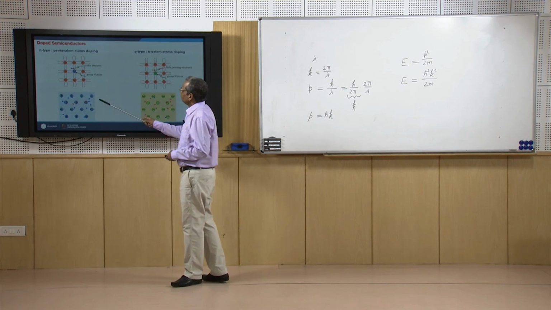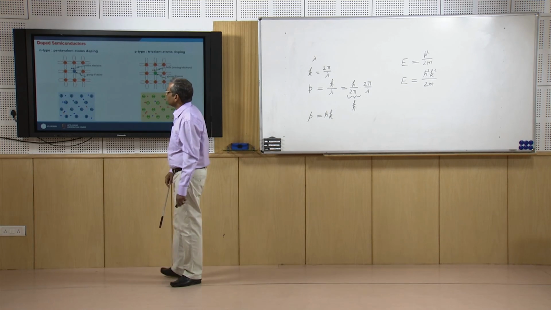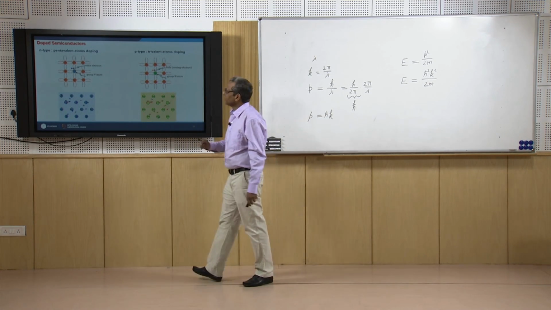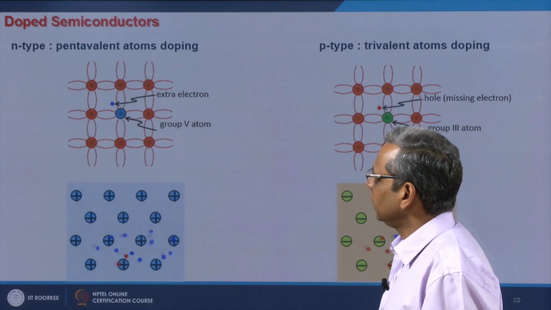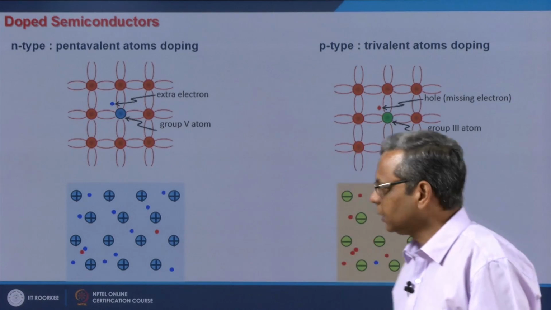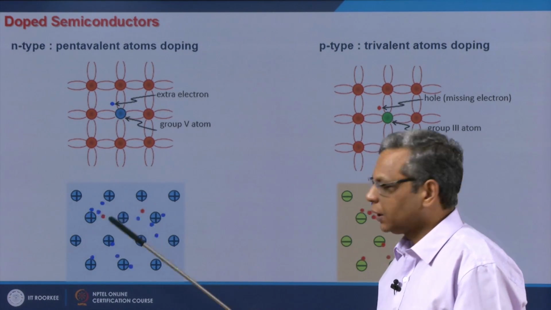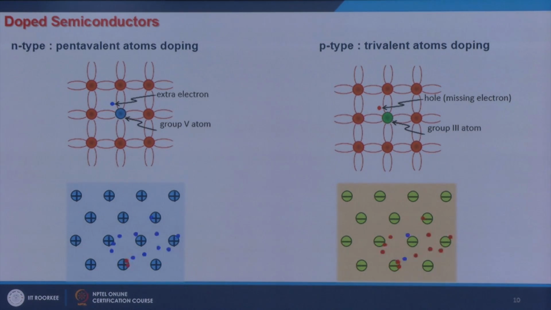And this kind of material is known as p type semiconductor. I am sorry, this type of semiconductor is known as n type semiconductor because now you have negative charge electrons available for conduction.